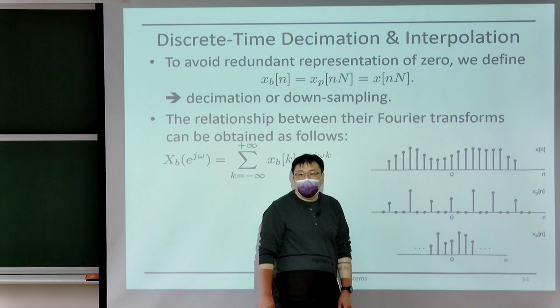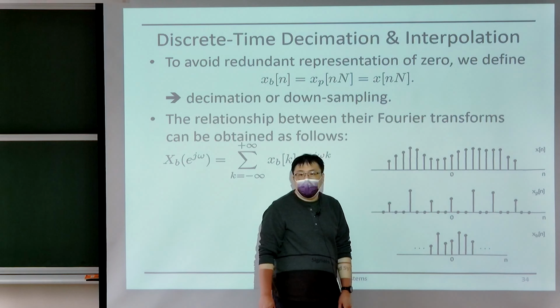So after sampling, right, you see that there are a bunch of zeros in between. So, memory-wise, you still need so much memory to record all these values, which is not efficient, okay? So what people do is that we just construct another sequence that basically removes these zeros, okay? So let's call this xb[n], right?